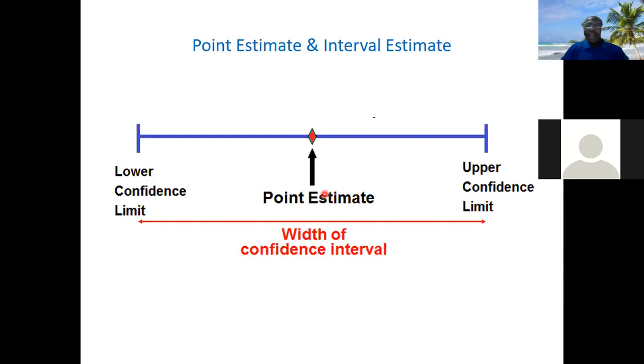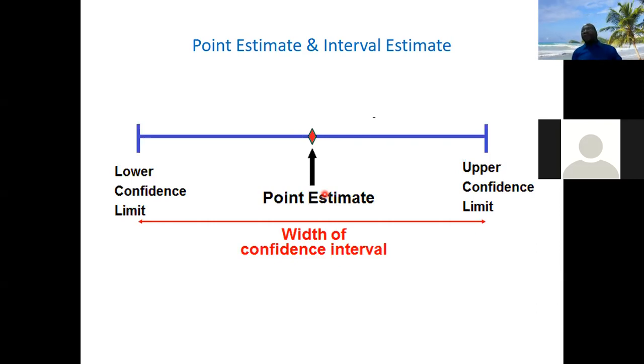The lower value of the interval estimate will be less than the point estimate, and the higher value will be higher than the point estimate. So the point estimate will be in between the lower and the upper limit. Since the interval estimate is a range of values, the lowest one is the lower confidence limit and the upper is the upper limit.